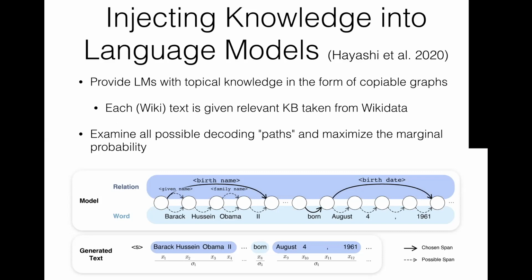So basically, from the leftmost node to the rightmost node, there are different paths you can take to express the generation process. And we will marginalize over all the possible generation processes.